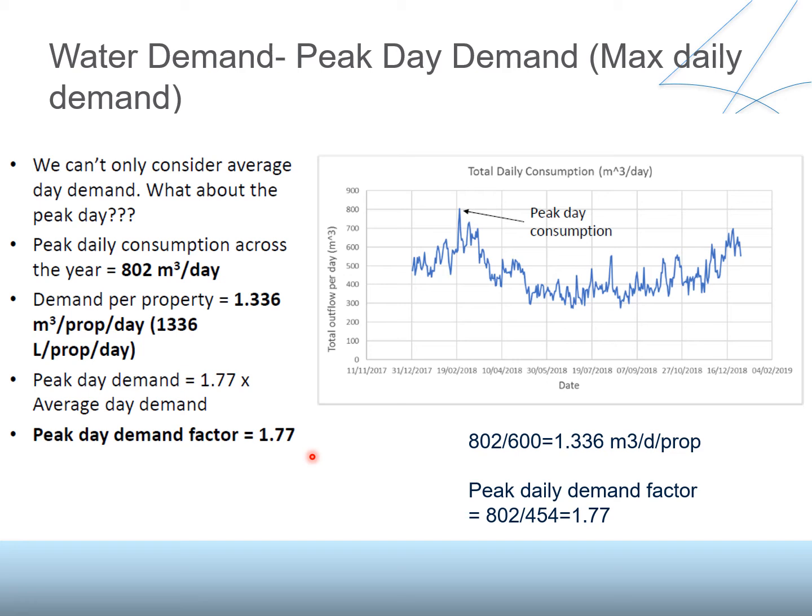They wouldn't give you the peak daily consumption or the minimum, but they will provide the average daily demand and then different factors to calculate the peak daily demand and the peak hour demand. You just use those factors. So for this particular example, the factor is 1.77.